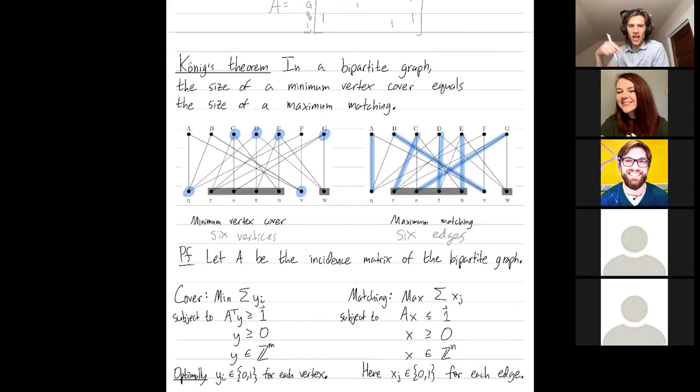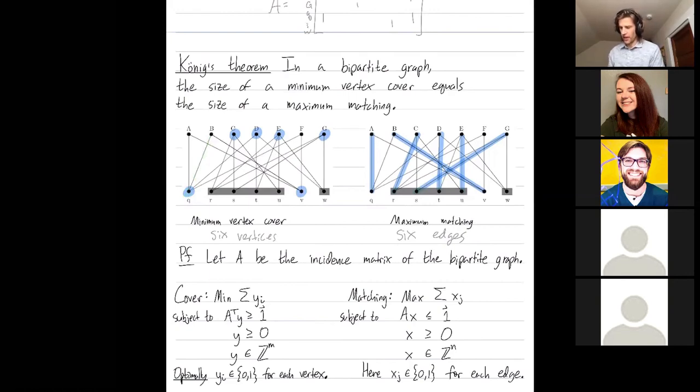Okay, the problem on the left solves the minimum vertex cover problem. Each yi is a variable associated to a vertex. It's 1 if your vertex is in the cover, and it's 0 if your vertex is not. A transpose y being at least 1 tells us that every edge has to be adjacent to at least one of the vertices in our cover.